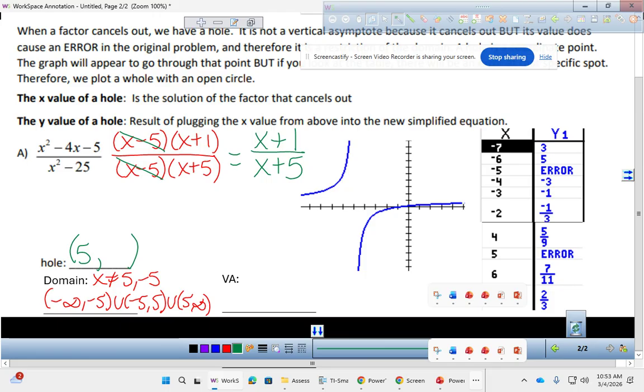I'm going to plug the value that canceled out into the new equation. So the y value of the hole is 5 plus 1 over 5 plus 5, or 6 over 10, or 3 over 5. Or you can write it as a decimal. 0.6 is fine. However you want to write it.